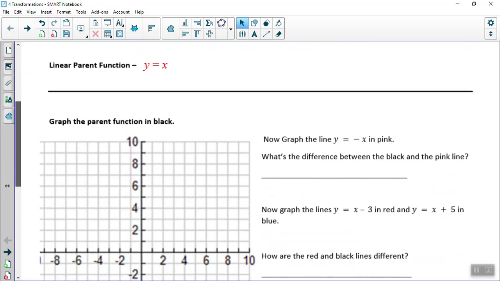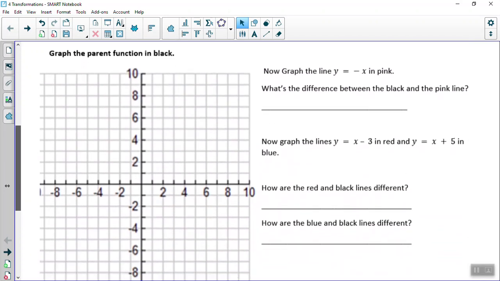Alright, so let's come down here and see what happens when we make some changes. First we're going to graph the parent function in black. My parent function is going to be a line with a slope of 1 and a y-intercept of 0. So I'm going to start at 0. I'm going to go up 1 over 1, up 1 over 1, and I keep going all the way up until I get my line.